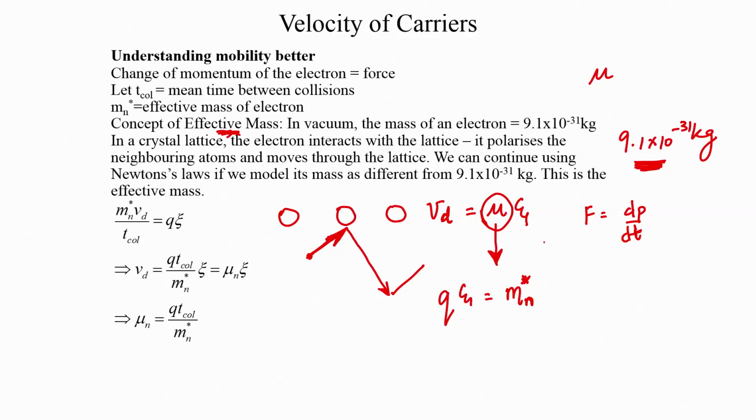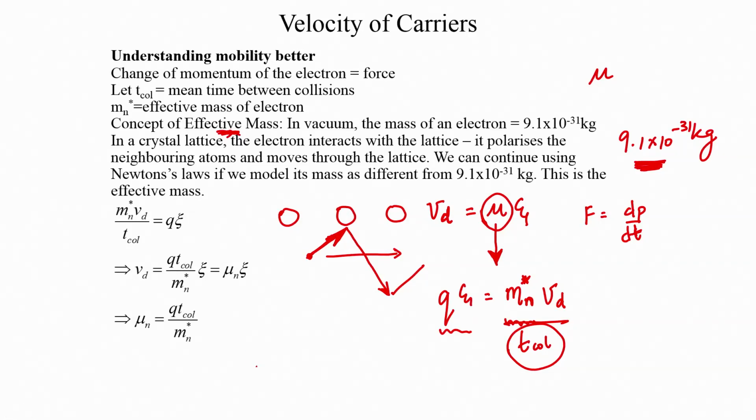N stands for the electron and Mp would stand for the hole, and the star says that it is the effective mass. So we say that q times E, which is the force, is equal to the rate of change of momentum, which is the effective mass of the electron times the drift velocity of the electron divided by T collision. And what is T collision? It is the mean collision time of the electron.